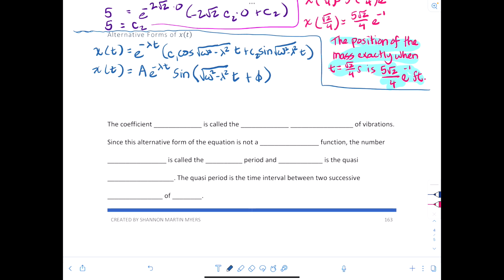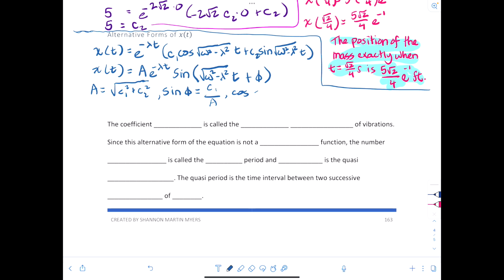So basically, a, remember, was equal to the square root of c1 squared plus c2 squared. And then sine phi is equal to c1 over a. It'll be less messy.